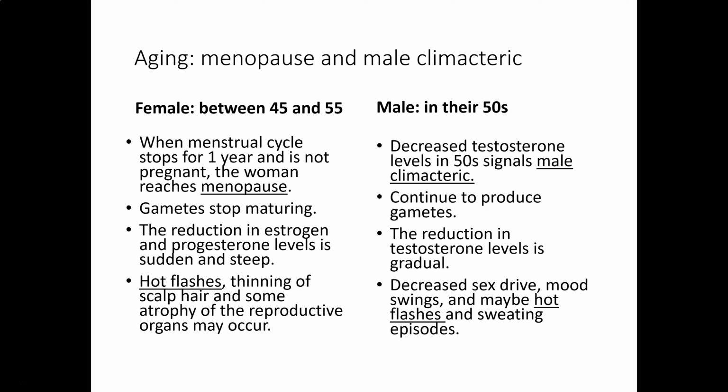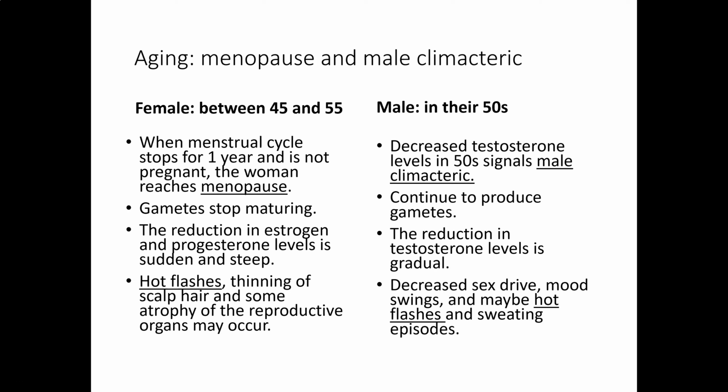That will be aging, right? So aging, you have aging of the reproductive system in both females and males. Female menopause is when the menstrual cycle stops, right? That's menopause, and that's all people know about it.